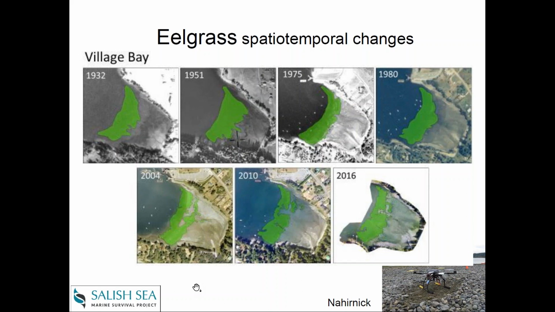And here is just an example of one of the regions that she looked at in the Gulf Islands, from 1932 to most recently 2016, in which the 2016 data was derived by UAV, and the green area is the area mapped as eelgrass. And the other data are all from archived aerial photography from the region.